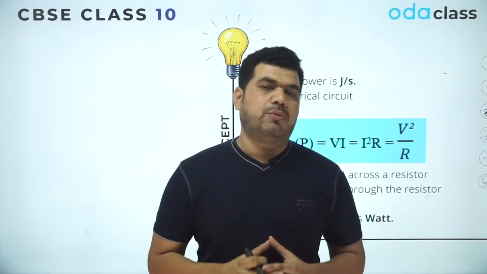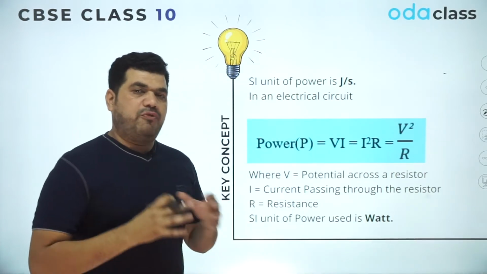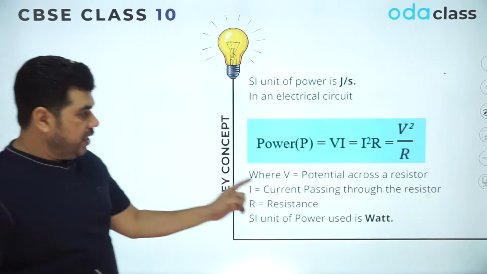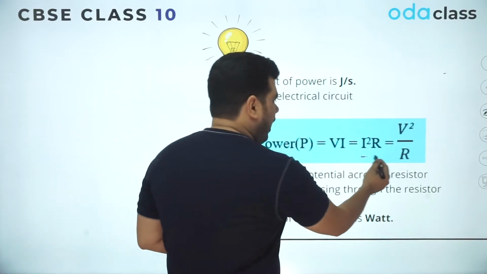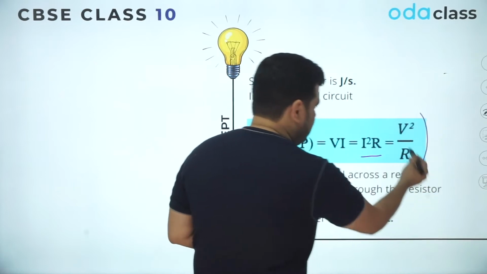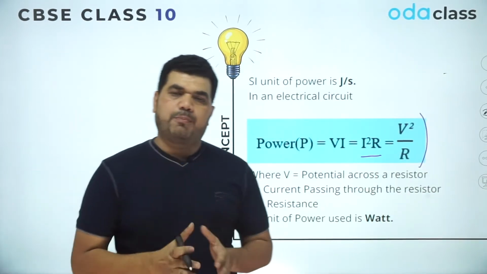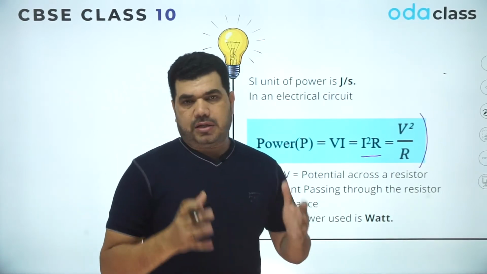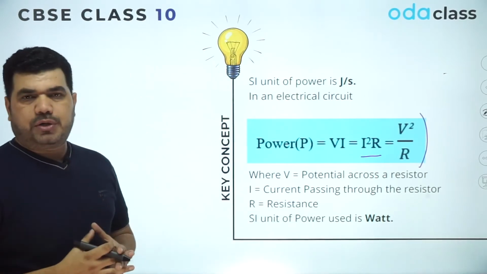So what is the formula to calculate that power? As you can see on your screen, there are 3 formulas of power. One is V into I, another is I square R, and last but not the least is V square divided by R, where V is the electric potential between any two given points, R is the resistance, and I is the electric current.